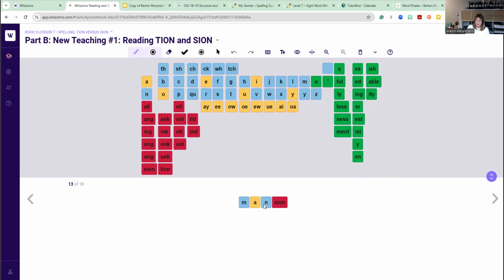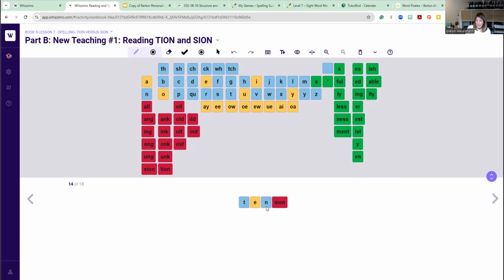Now here's one. You notice that this is now after a consonant, and so it's going to say shun. Man, shun. It does not vibrate. Man, shun. Okay. So since this is after a consonant, it just goes back to the regular old shun sound. Okay.